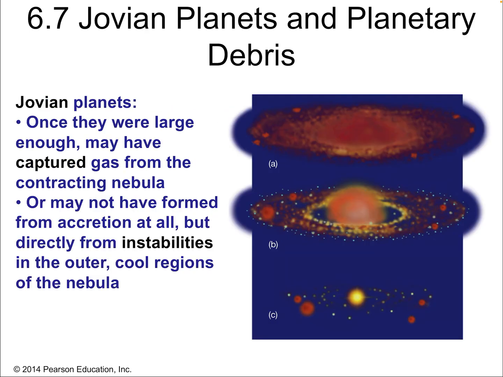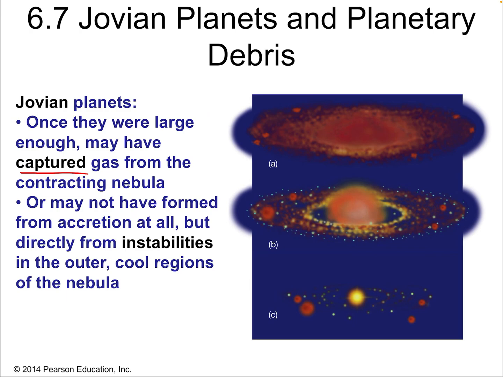Okay? So the Jovian planets, well, once they were large enough, may have captured gas from the contracting nebula. That's the thing: the Jovian planets are so large that they seem to have not just collected ice, but actually to have collected gas as well, things that never actually froze, because of that gravitational force.